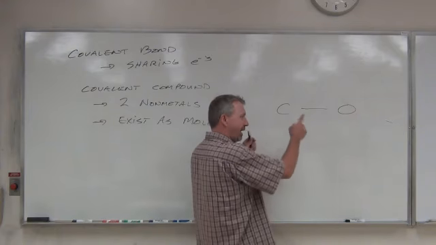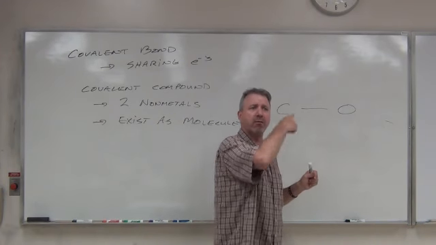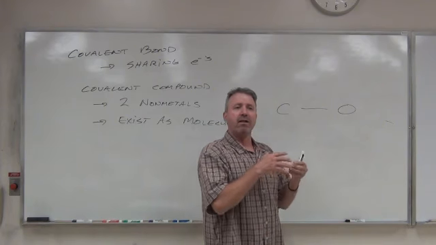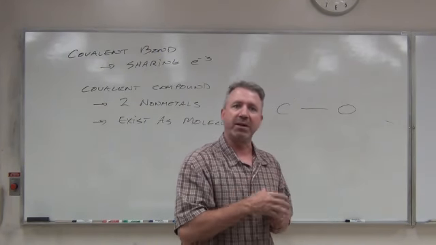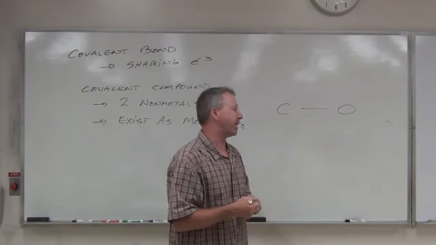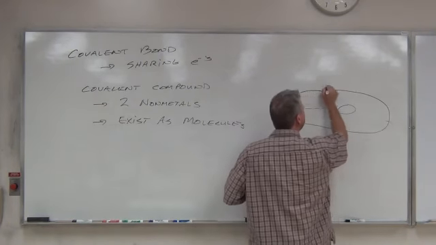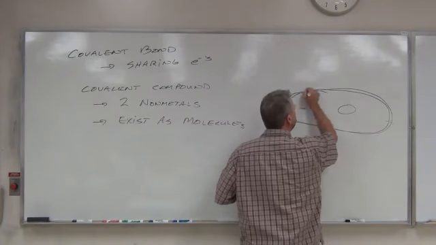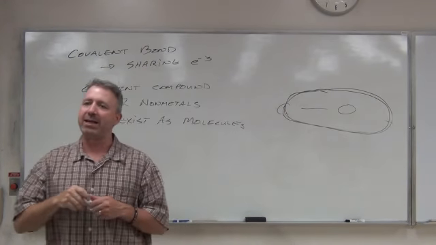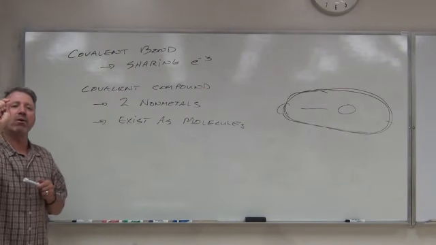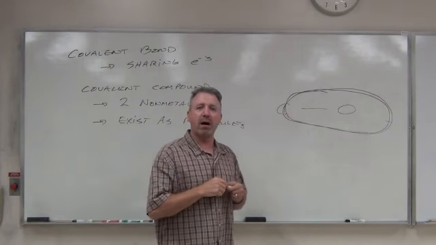So instead of having a nice symmetric orbit around the two nuclei, the electron's movement is distorted because of the more highly electronegative oxygen. And it's distorted in such a way that the electron ends up spending a little bit more time around the oxygen than it does around the carbon.